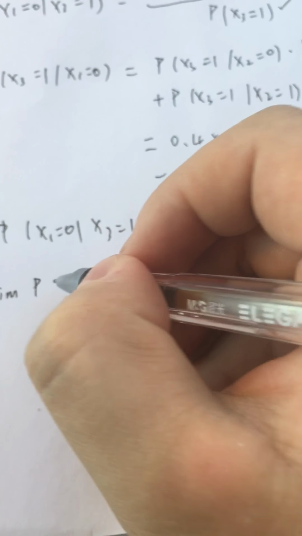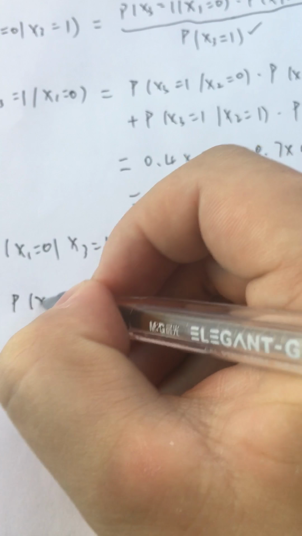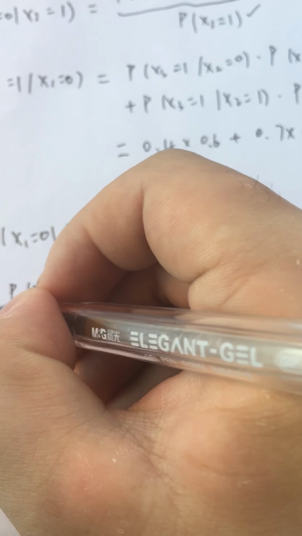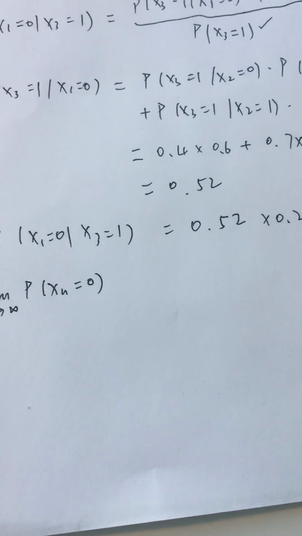And the final question is to find the limit of P of xn is 0 when n goes to infinity.